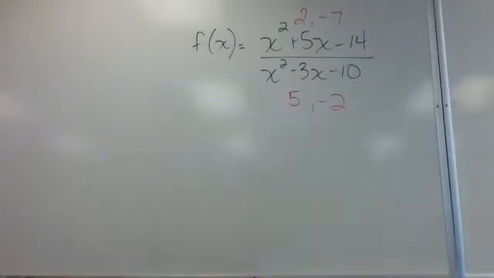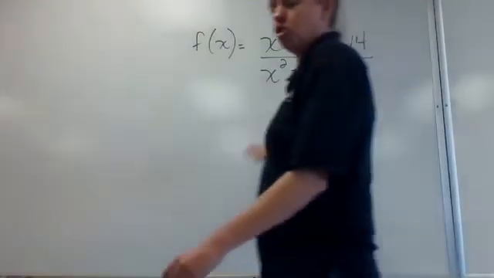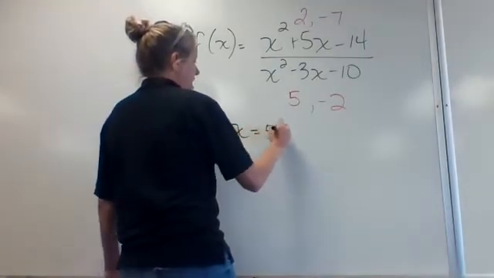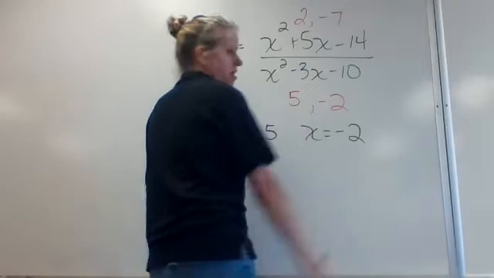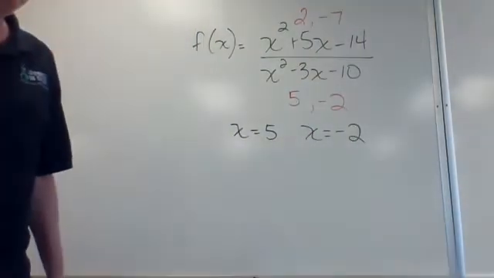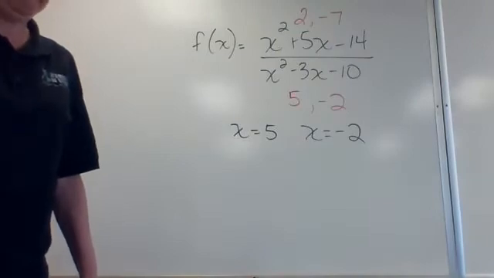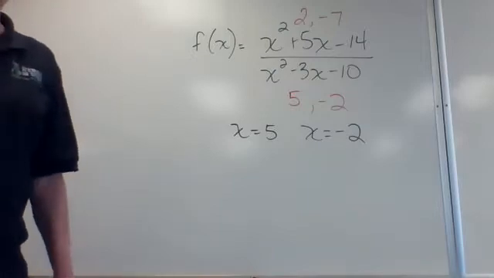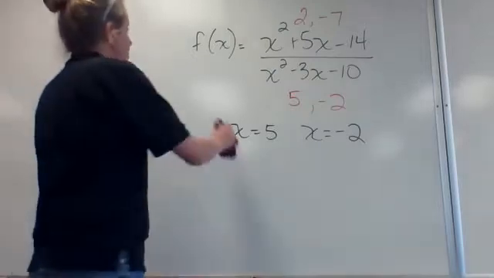No. Which means these are both true vertical asymptotes at x equals 5 and x equals -2. All right, the last one where we're going to be finding just vertical asymptotes is number 10.